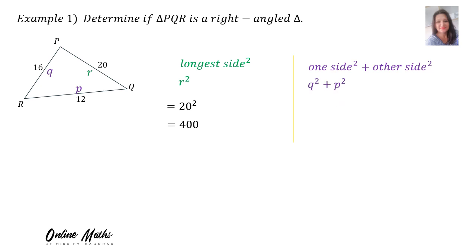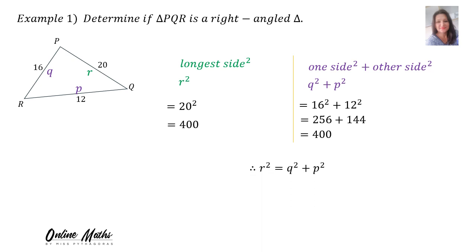In fact, it is q squared plus p squared. And you say q was 16 squared plus p is 12 squared. 16 squared means 16 times 16, which is 256, plus 12 squared is 12 times 12, which is 144. And if you add those two, you end with 400.